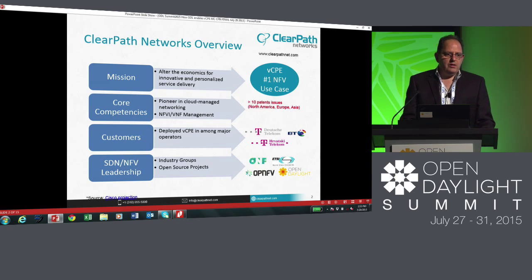ClearPath, for a very small company, has a very prominent role in a number of organizations, including the ones shown here: OpenDaylight, of course, OPNFV at the board level and at the TSC level, ETSI NFV ISG, as well as the Open Networking Foundation. Our involvement in the community has been important for two reasons.